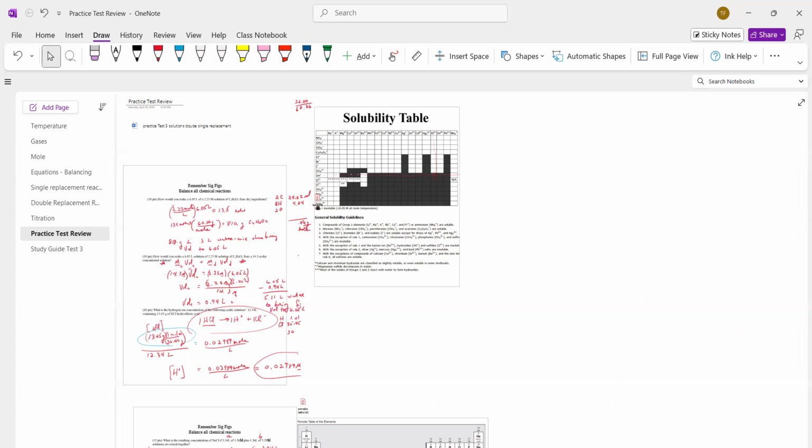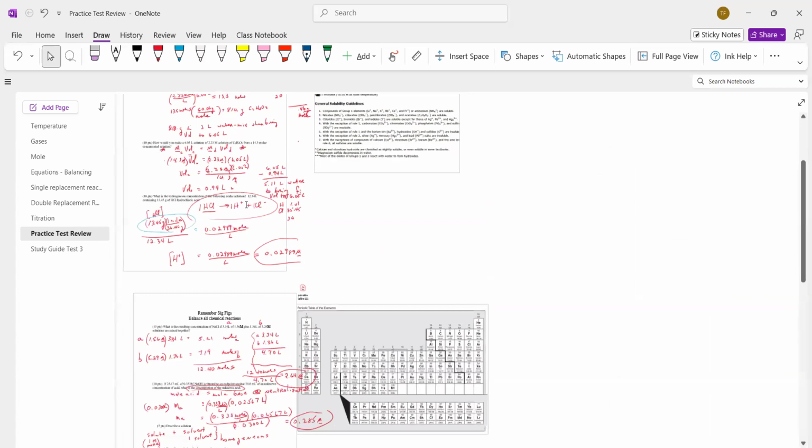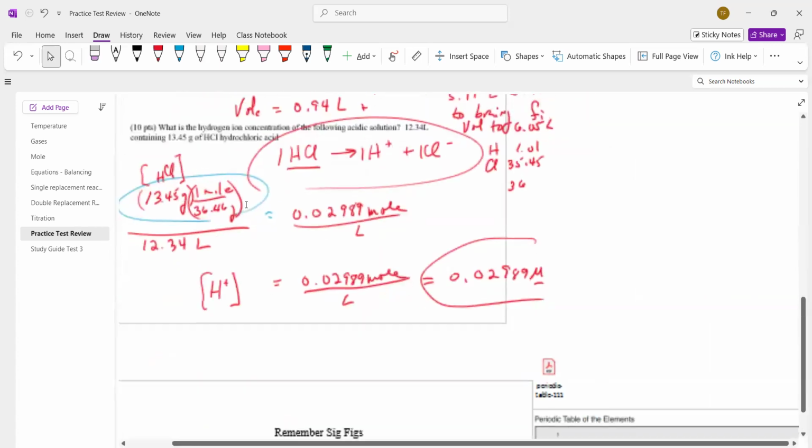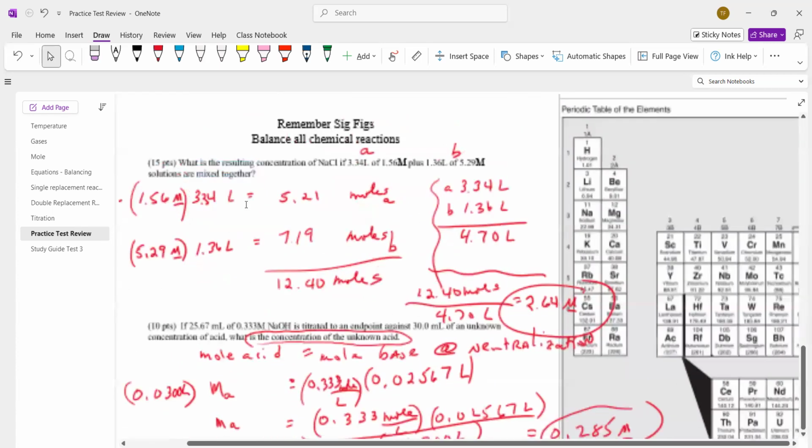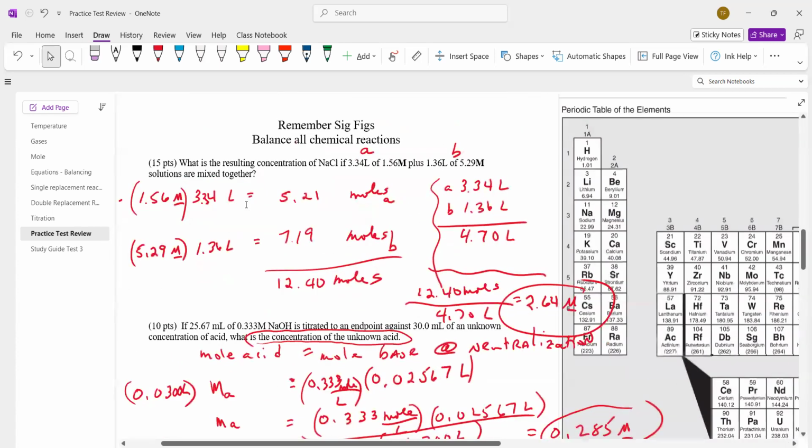And it's going to be very similar to this problem here. You're going to calculate the moles of H, moles of OH, and find out which is more. Subtract the two, and then you're going to convert the moles of whatever's left over with the volume left over. That'll be the concentration. So it's very, very similar to this problem here.